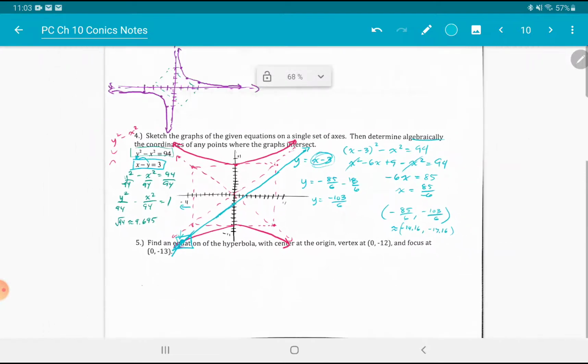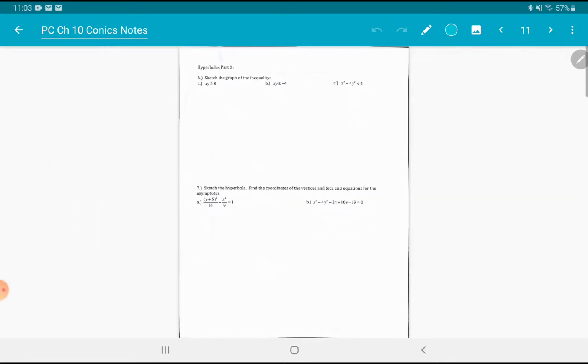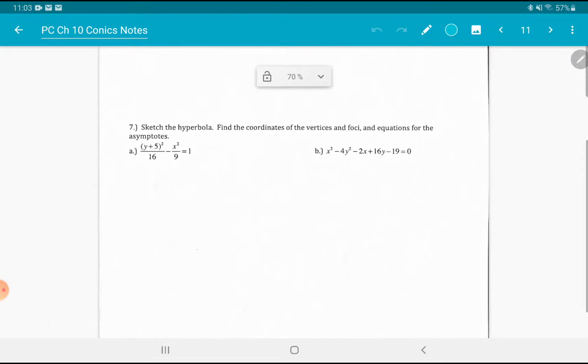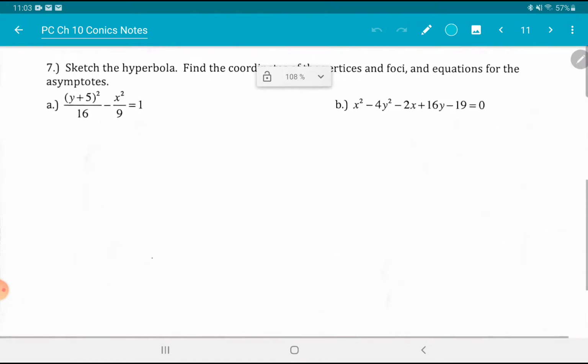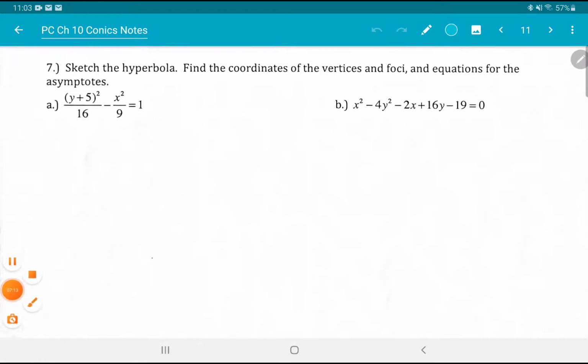Let's now take a look at one last hyperbola problem. Let's take a look at number 7 here. Sketch the hyperbola, find the coordinates of the vertices and foci, and equations of the asymptote. This is a y squared minus x squared type of graph. What does that mean? That means that we have a vertical hyperbola, since y comes first.